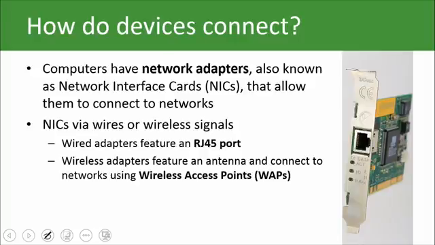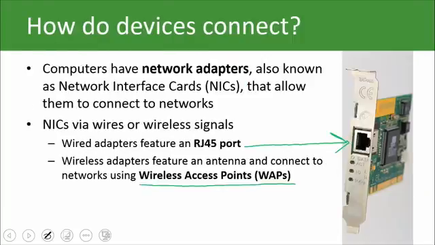NICs communicate via wires or wireless signals, and this wired adapter features something called an RJ45 port. Wireless adapters feature an antenna in contrast, and they connect to networks using wireless access points, which are also an essential connecting device, and we'll detail them a little bit later in a different module.